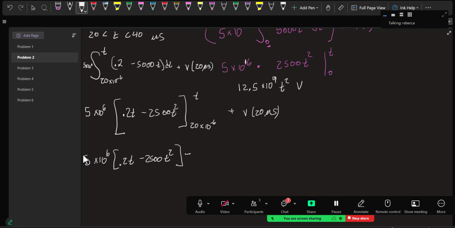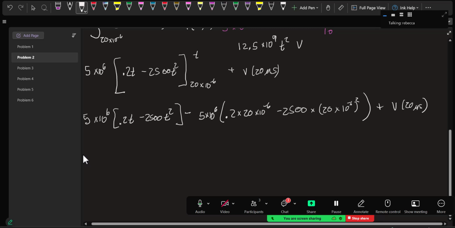And then minus 5 times 10 to the 6 times 0.2 times 20 times 10 to the negative 6, minus 2,500 times 20 times 10 to the negative 6 squared, plus the voltage at 20 microseconds.